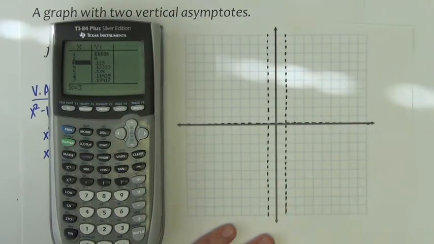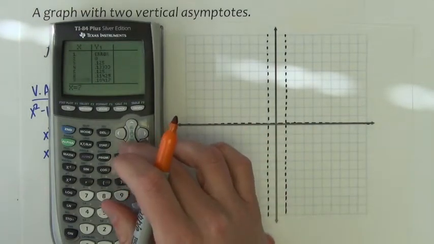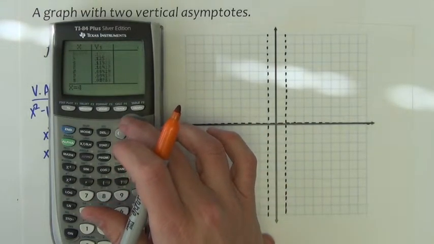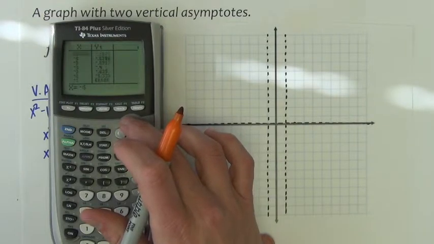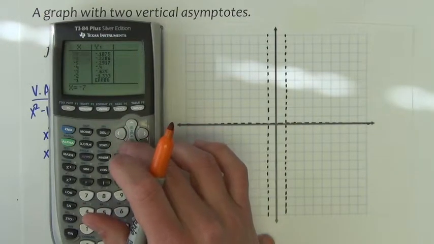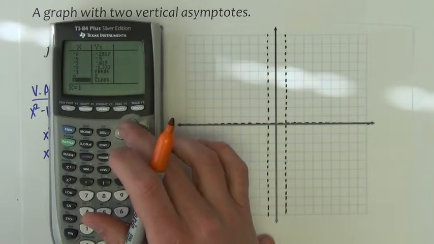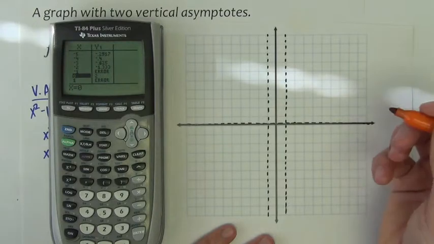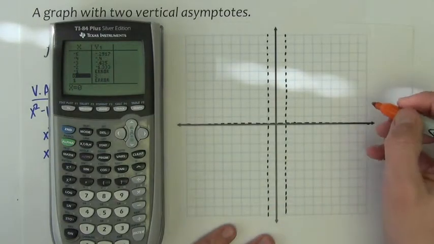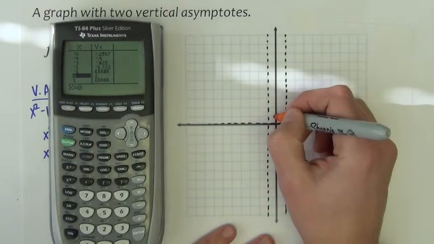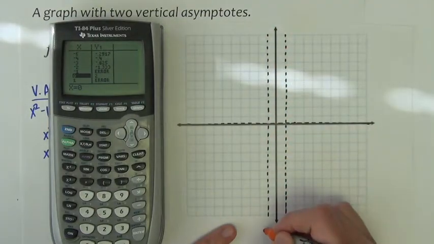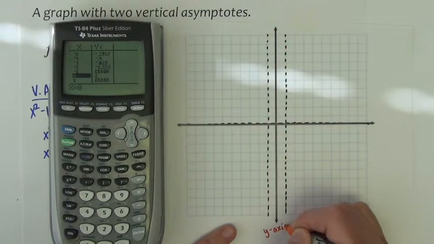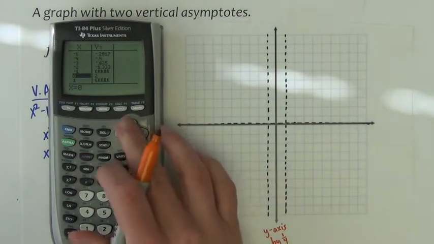Tell you what, maybe we should do. I'm looking at all these y values. They're all very, very small values. Let's say we count this graph on the y-axis by quarters.